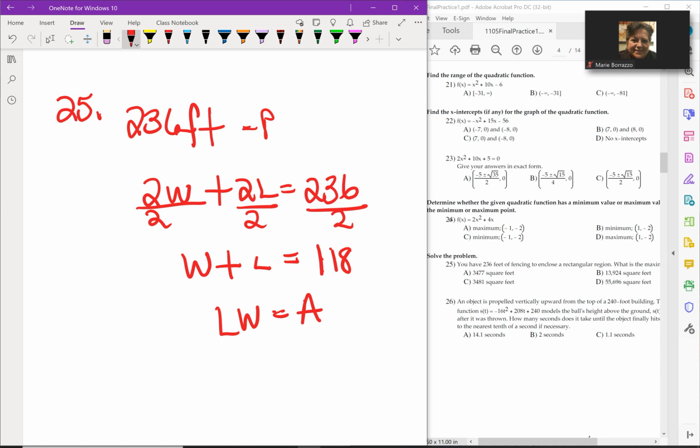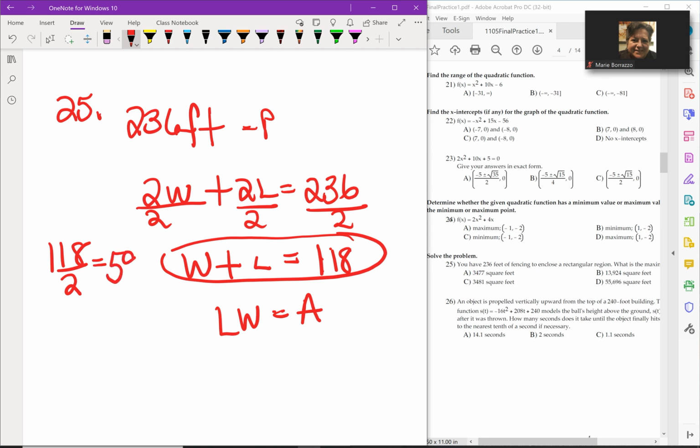So if these are equal, because you have no choice but to think of them as equal because they don't give you any other cutoff, let's take the 118 and divide it by 2. If you take 118 divided by 2, you should get 59. And if you take 59 squared, basically 59 times 59, you should get 3,481 for the area, which is what this is.